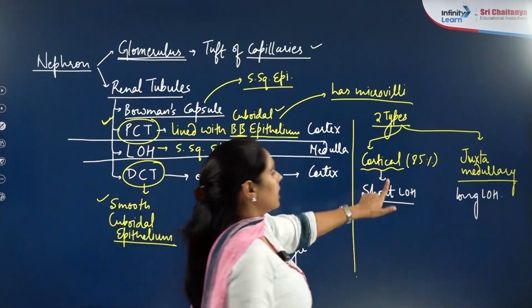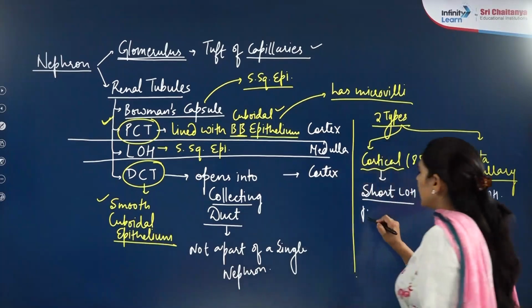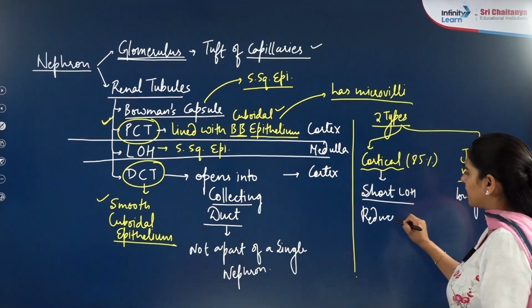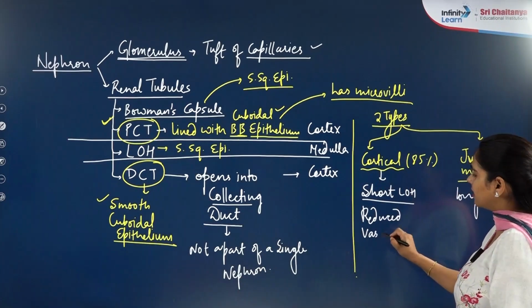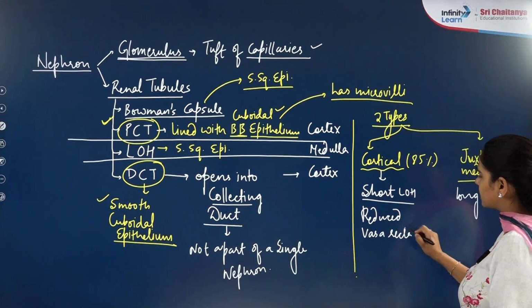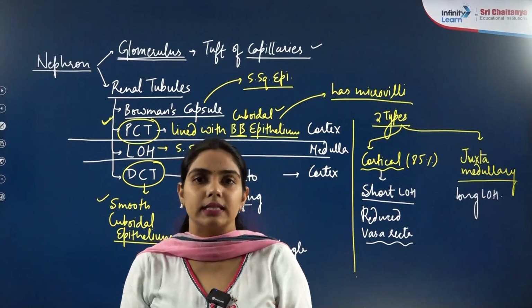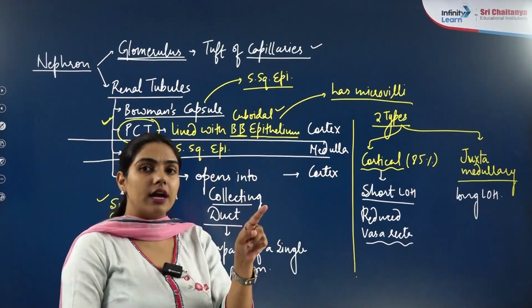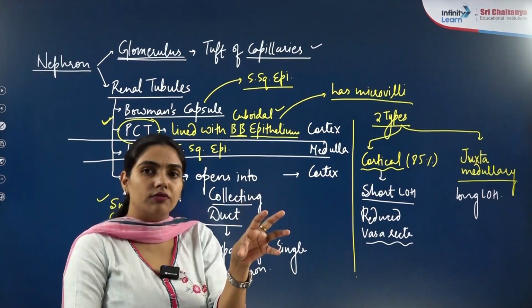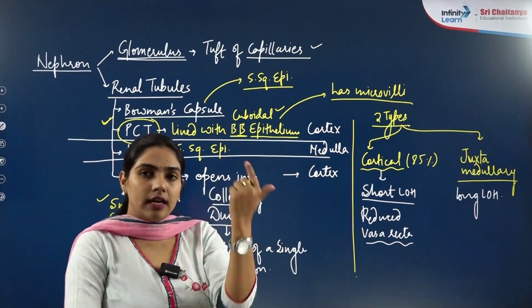Cortical nephron: short loop of Henle and reduced vasa recta. Vasa recta is a blood vessel only. In the vasa recta, blood is present, the blood coming out of the glomerulus through the efferent arteriole, right?